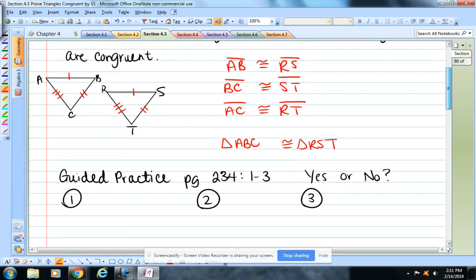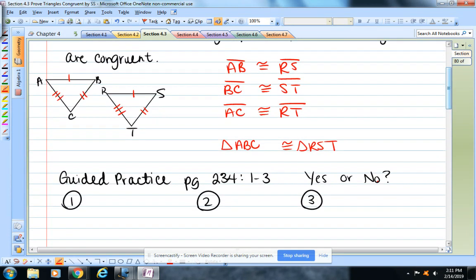Okay. Open your book to page 234. We're going to do this real quick and then we're going to jump into proofs. Y'all going to have to open your book and follow along with me because I'm not drawing those three pictures. You're going to have to look.